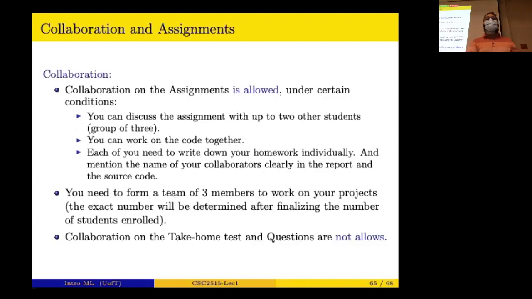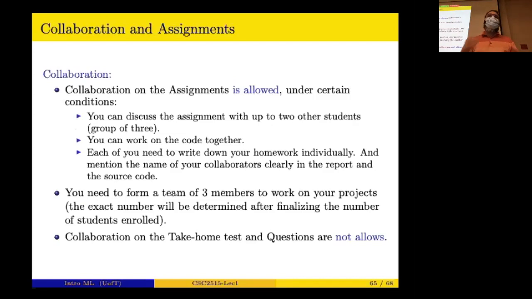So I added a project because it's an introductory grad level course, not undergrad. We don't usually have projects in undergrad. But to make it simpler, I'm thinking you can collaborate on assignments, but with some conditions. You can discuss the assignments with maybe 2 others, so you can have a group of 3. You can write the code together, but you need to write your reports separately.